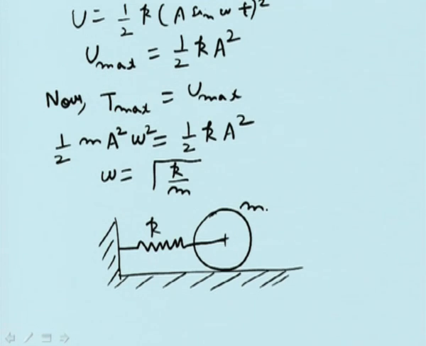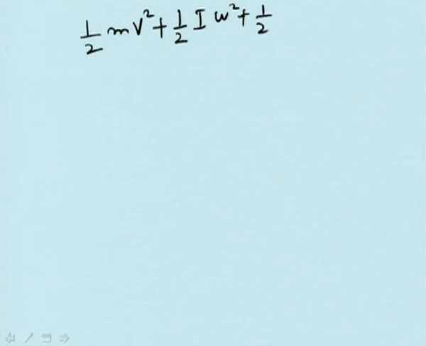The total energy of the system is given by half mv square plus half I omega square plus half kx square is equal to constant. Total energy remains constant.